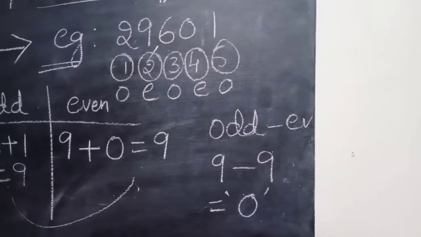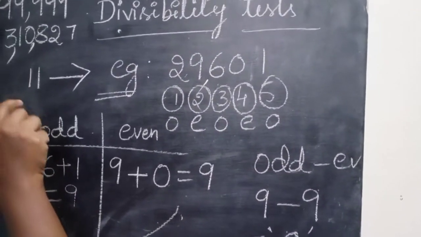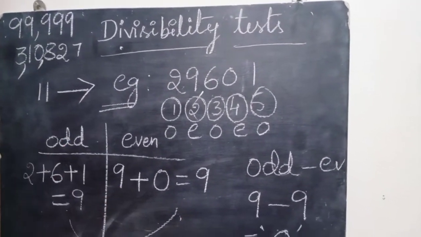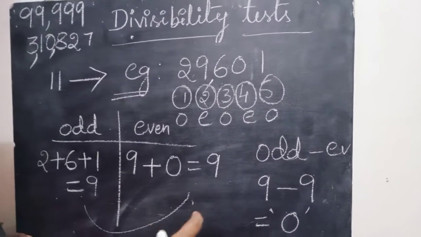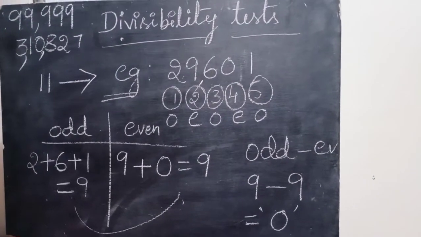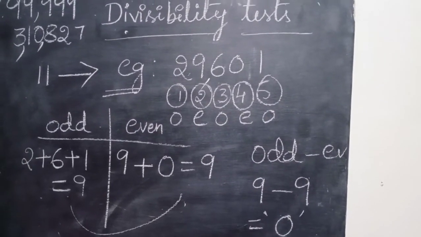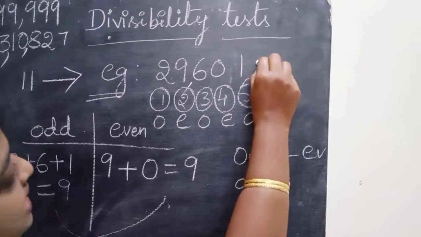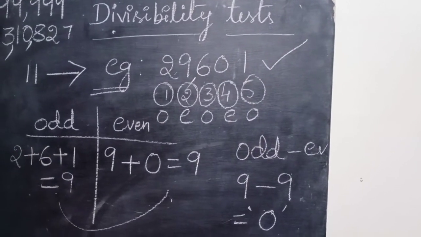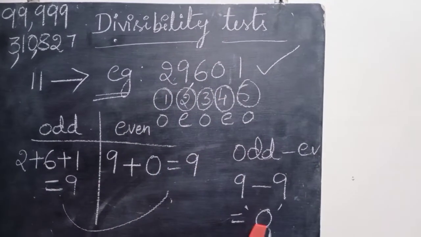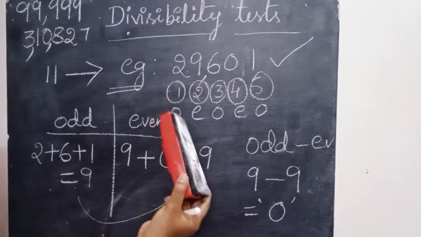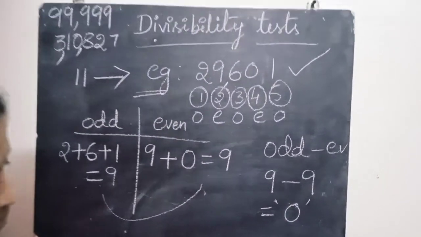What is the rule I said? The divisibility test for 11 is you should get 0 or a multiple of 11, from the 11 table. Here we got 0, so this number is exactly divisible by 11.